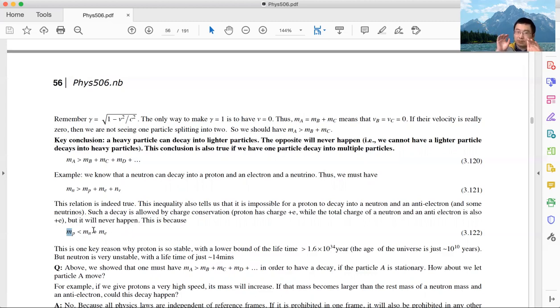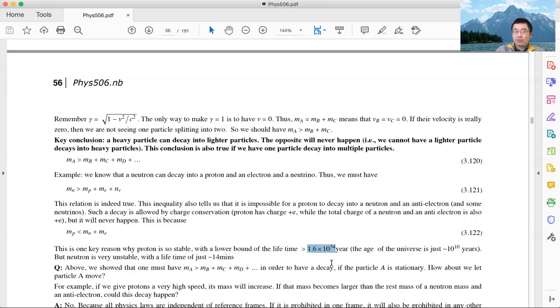So neutron and proton have very similar mass, but the neutron has slightly higher mass than proton. And the consequence is that neutron is an unstable particle. It can decay into proton. But proton is a much more stable particle. It cannot decay to a neutron. In our universe, if you measure the lifetime of proton, it is beyond 1.6 times 10 to the 34 years.